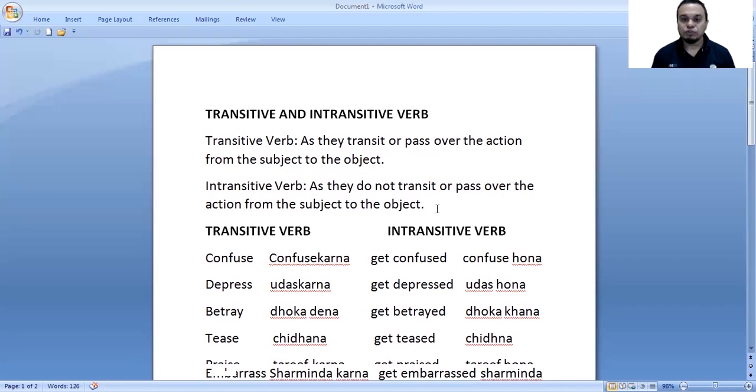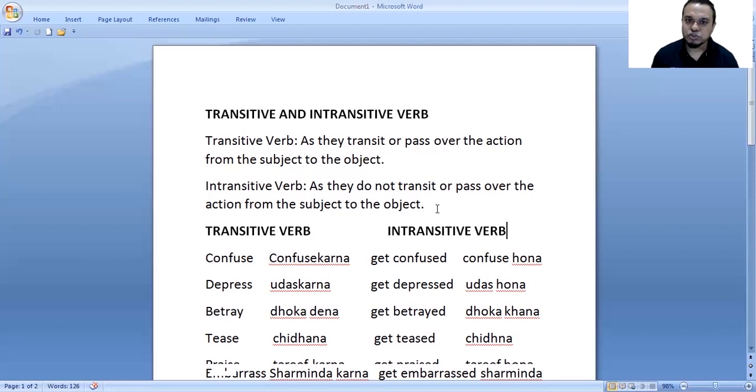Now we are moving towards how to convert a transitive verb into intransitive verb. So guys, watch carefully, listen attentively in order to understand that, because this is very important if you really want to master English language.